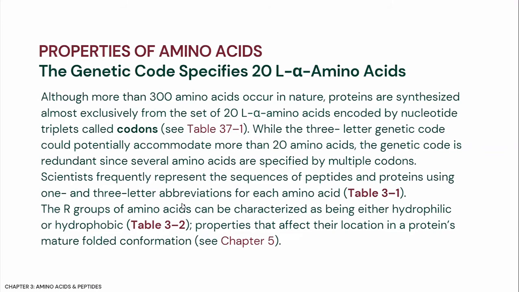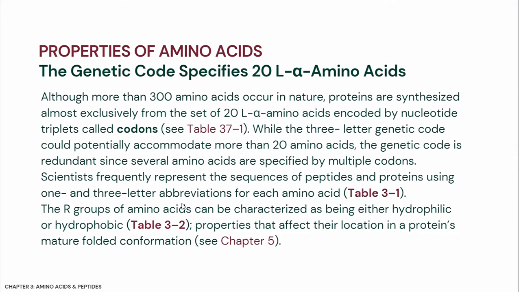But it's not, there are only 20 amino acids. So this 3-letter code becomes redundant, meaning to say that one amino acid may have several codons.